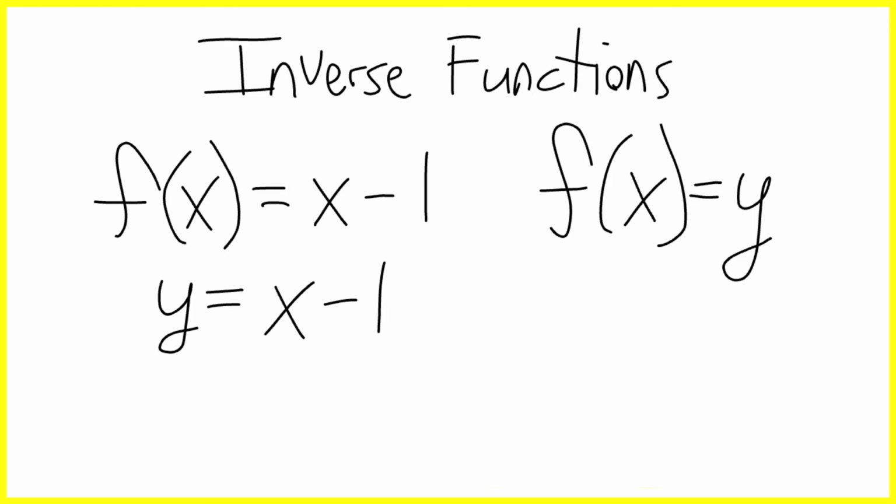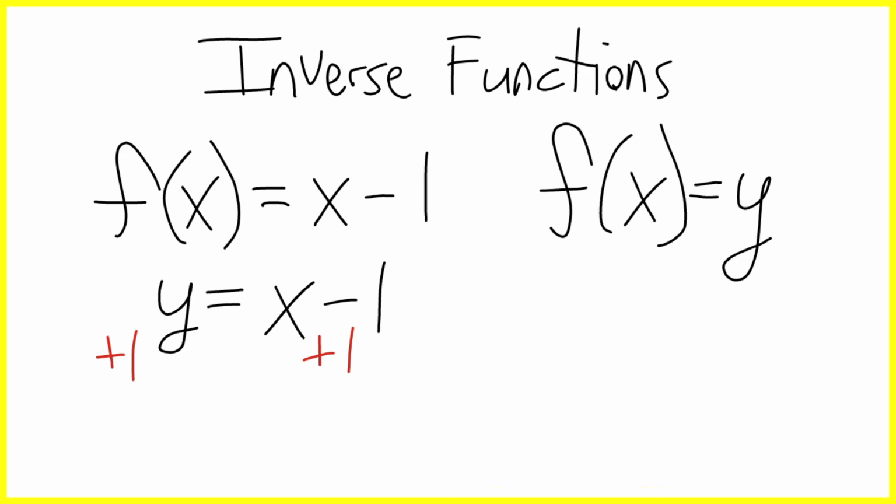And if I wanted to solve for my input values, so right now we have an equation solved for my output values. If I wanted to solve for my input values, I could move this negative 1 over to the other side. In other words, if I'm subtracting 1 here, I can go ahead and add 1 to both sides of my equation.